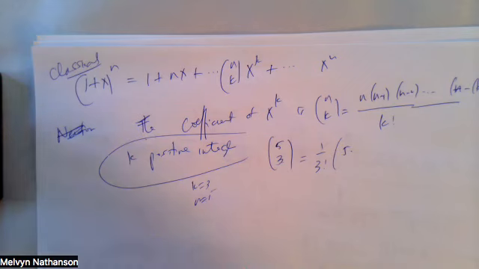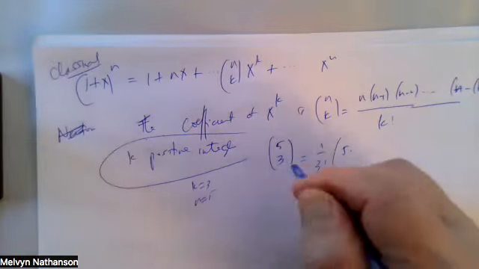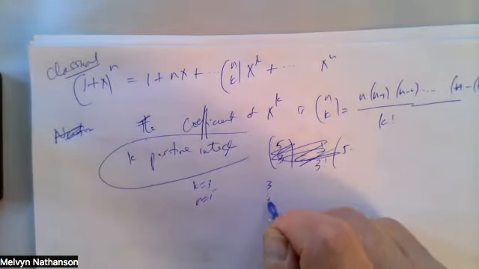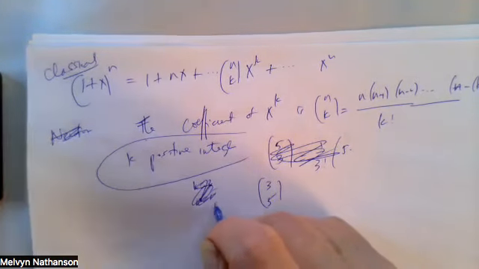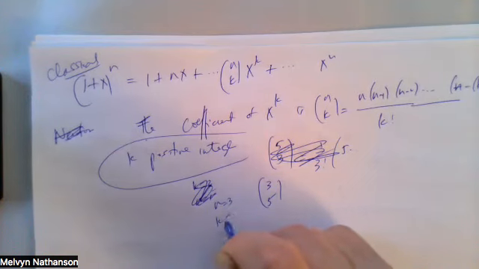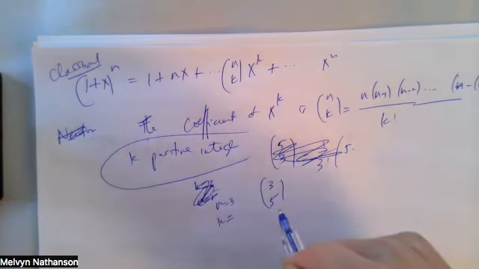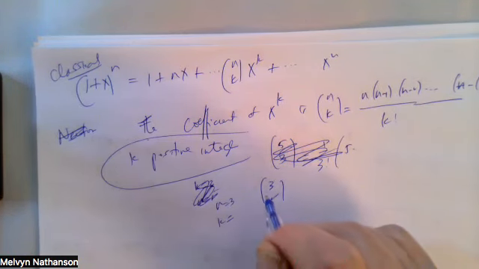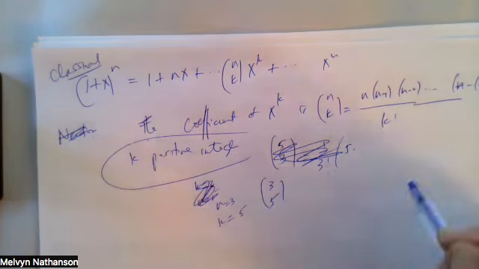Wait, something's not right. Oh, sorry. I don't mean that. Suppose we have 3 choose 5. So n is 3, and k is equal to 5. So this will involve 5 terms.